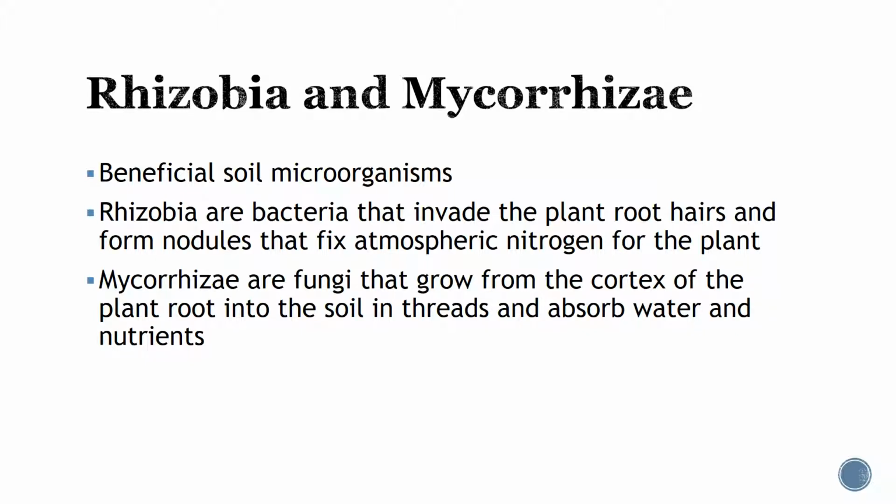Now let's look at the rhizobia and the mycorrhizae. These are beneficial microorganisms that are important in terms of how that plant is going to grow. The rhizobia are the bacteria that will invade the plant root hairs, whether it's a taproot system or a fibrous root system, and then form nodules that will fix atmospheric nitrogen for that plant, which is really important when you look at how these plants are utilized.